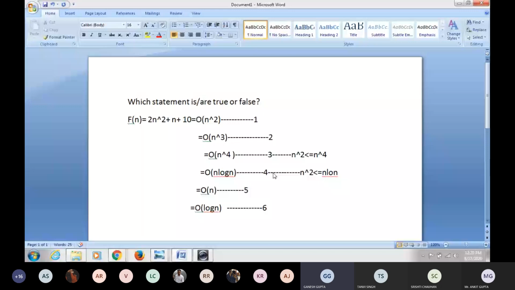It is false, because n square is greater than n log n. Yes, sir, it is false because we know the complexity order.